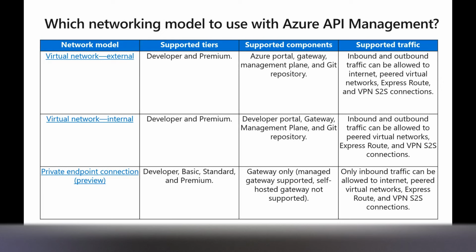But at the moment, if you have any backend services that are running inside a VNet, they will have to be accessed through some other means, like some gateway, or some other way you have to expose those services for APIM to access them. But with both the external and internal VNet injected models, you can access services inside the VNet, but they're only supported for developer and premium.